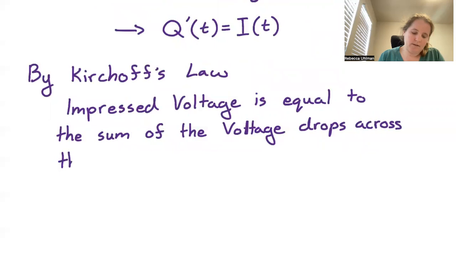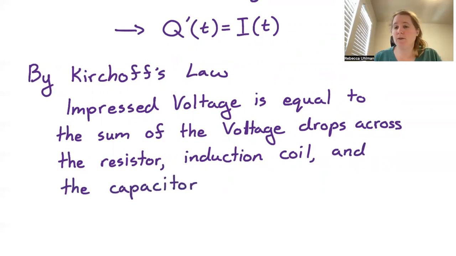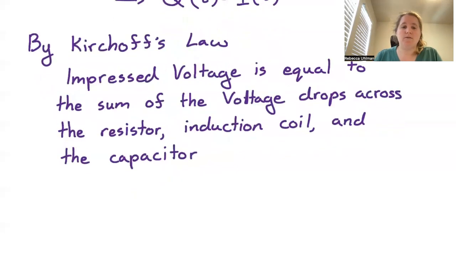So across the resistor, induction coil, and the capacitor. So what we need to know then is what are the voltage drops of each.